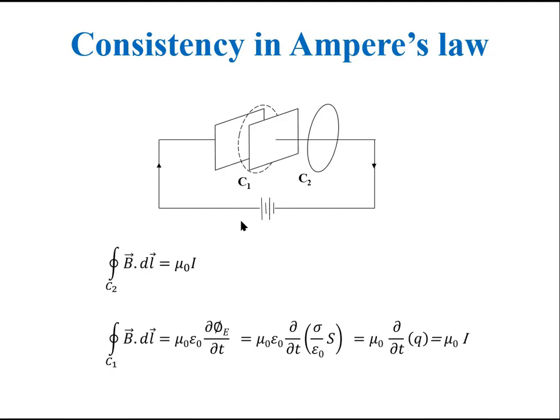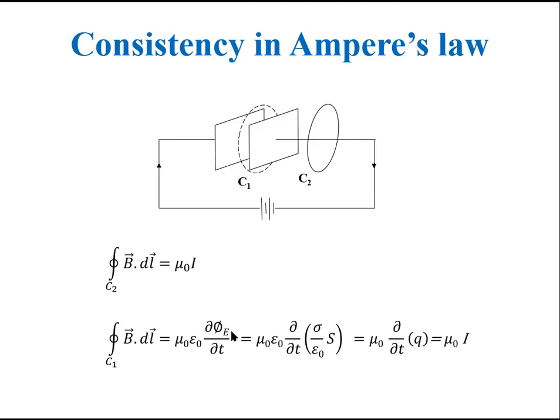When this displacement current density is multiplied by the area, it becomes an electrical current, which will be equal to epsilon naught times del phi E over del t, where phi E is the electric flux. So, for loop C1, Ampere's law reads: line integral of B is equal to I, which is 0, plus mu naught times I_D, which is epsilon naught times del phi E over del t. Phi E is the surface area of the capacitor's plate multiplied by the electric field inside the capacitor.